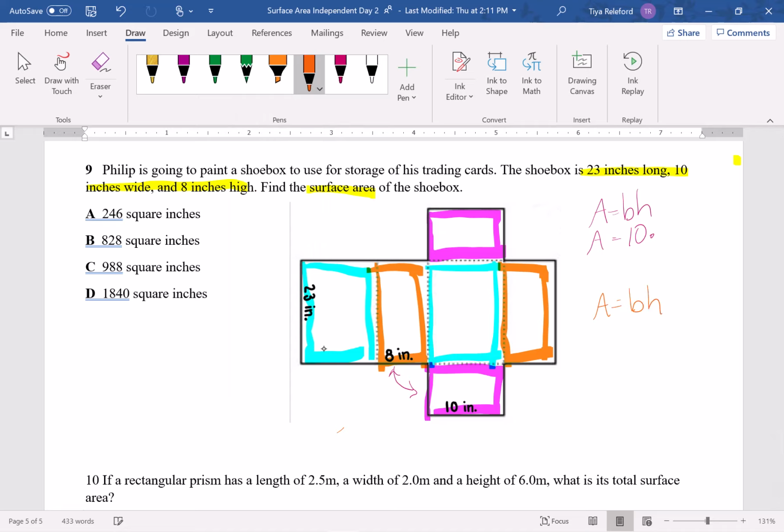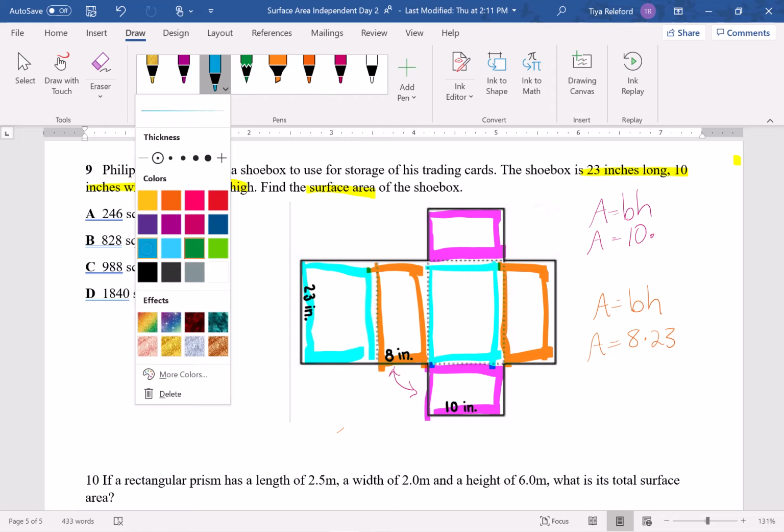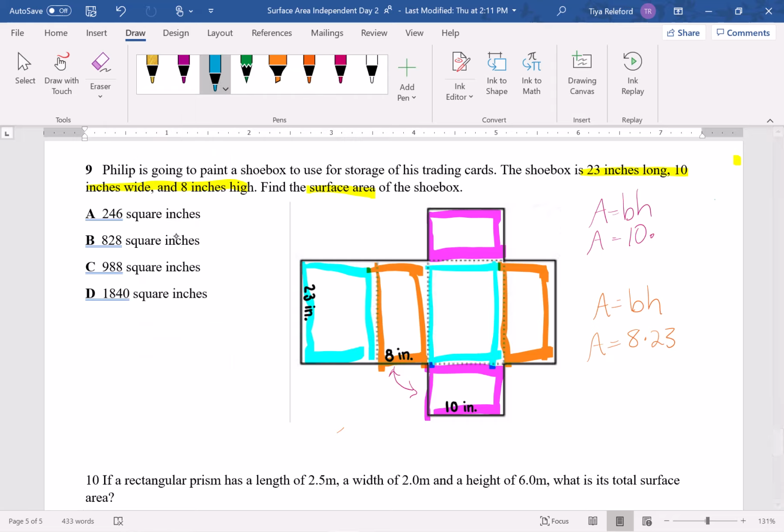For my not so fat sides, I have 8 and for my fat sides, I have 23 and 10.